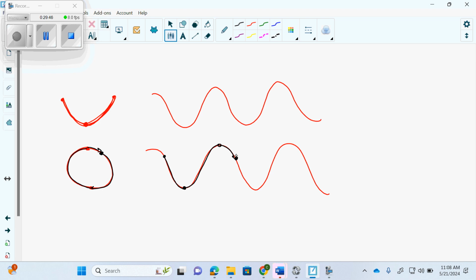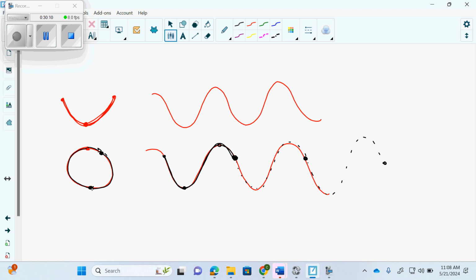Start at the same height, went past the minimum, back up to a maximum, back to that same spot. What's going to happen after that? I'm going to do another revolution of that circle, correct? Then what's going to happen after that? Another revolution of that circle. We agree? Yes? Okay. So if I start here, I have to get back to that spot.